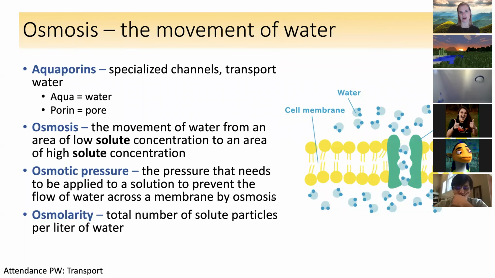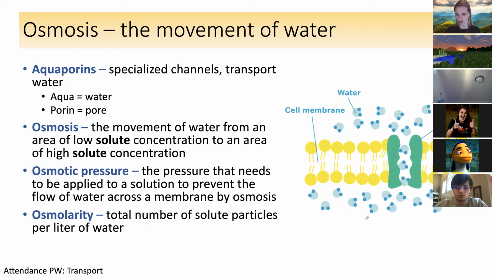What we're going to talk about now is osmosis, which is a little bit different than just plain diffusion. Here we're looking at the movement of water instead of the movement of the solutes.